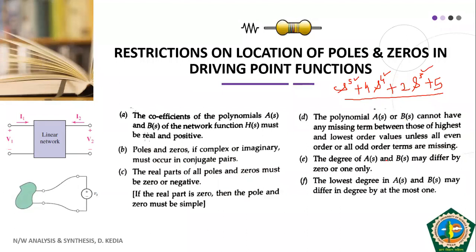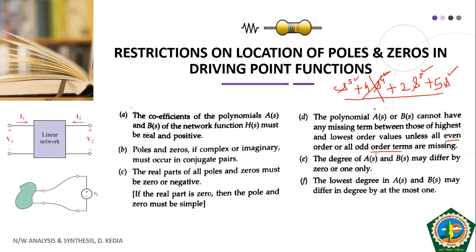However, if you have all the even terms present or all the odd terms present, in that case, that polynomial is allowed. Means, if you have s raised to power 5, then s raised to power 3, and similarly 5s, so s raised to power 5 plus 2s cube plus 5s, you have power 5, then 4 is even, it is not there, then 3, then 2 is not there, then 1.